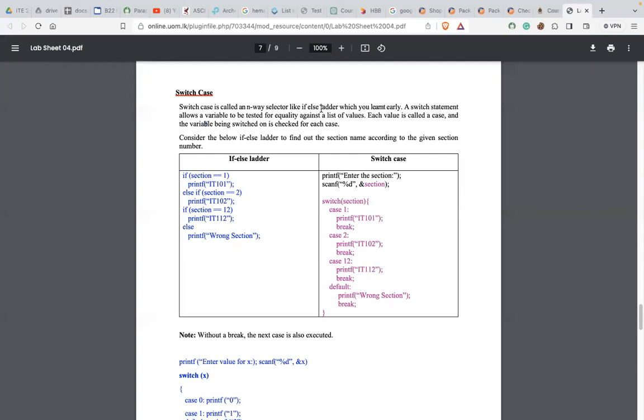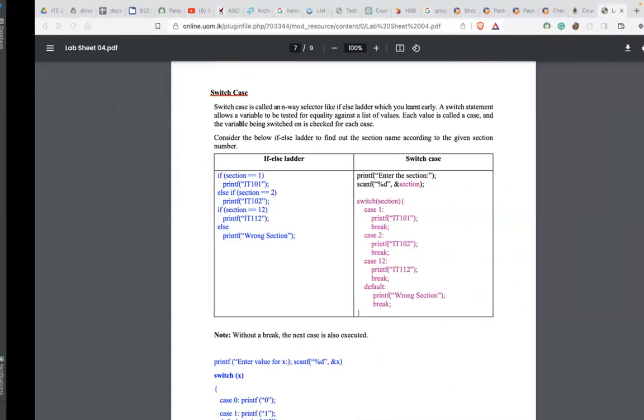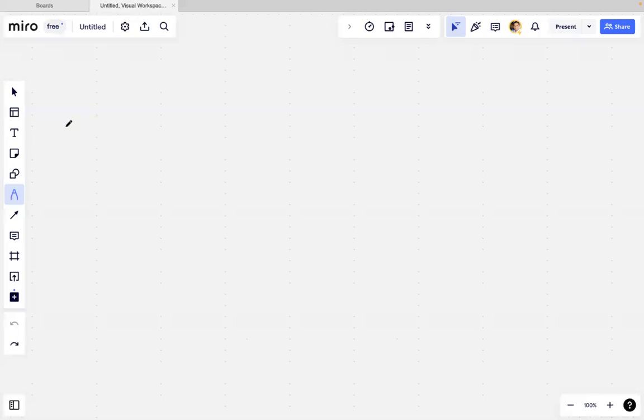like an if-else ladder. You know that you can write the if-else ladder like: if whatever the condition, then you can write printf whatever the thing. Else another condition, you can write whatever thing. Likewise you can write an if-else ladder.